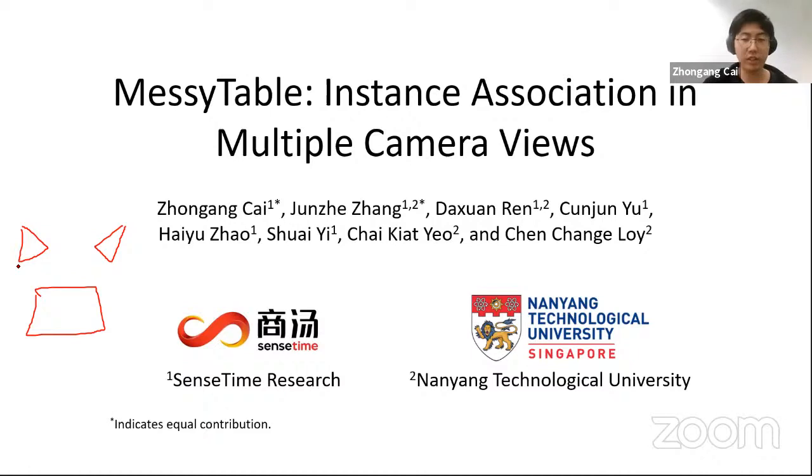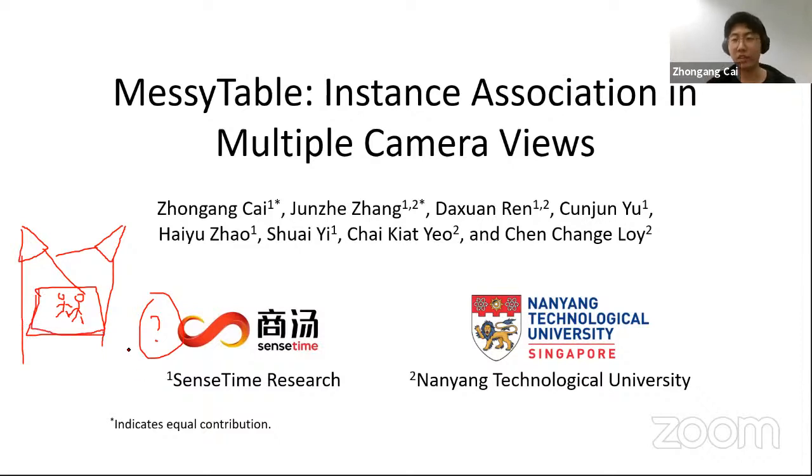Okay. Right. So as you say, we have two images. Let's say we have a square, and we want to know how many people are there. For each view, we are going to observe only part of the square. Correct. And there's no way we can count how many people are on this square. So with our multiple camera association, we first perform detection on each of the image views.